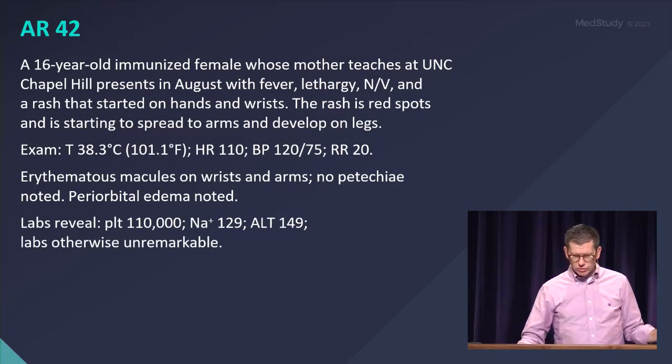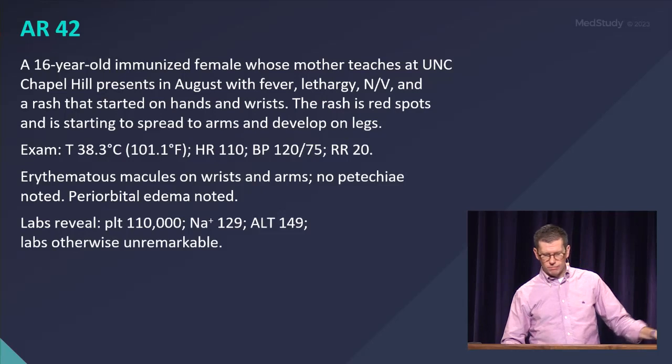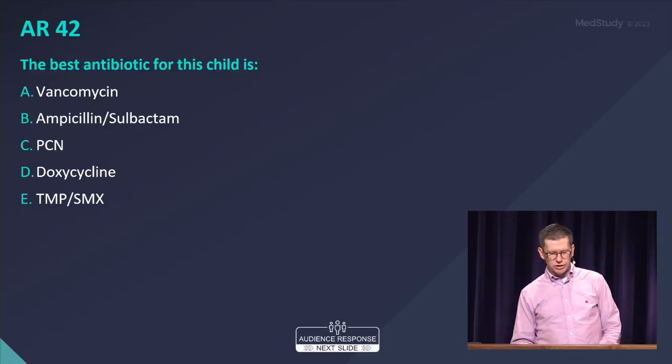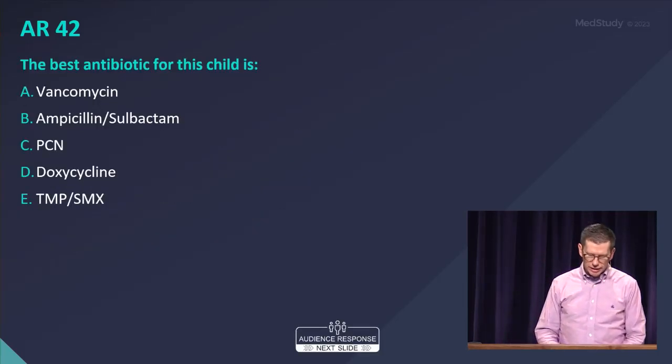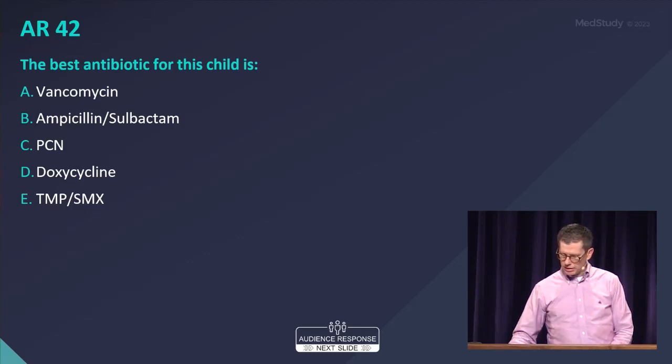There are erythematous macules on the wrist and arms, but no petechiae. There's periorbital edema. On labs, platelets 110,000, a sodium of 129, and ALT of 149. Labs are otherwise unremarkable. The best antibiotic for this child is A, vancomycin, B, ampicillin-sulbactam, C, penicillin, D, doxycycline, or E, TMP-SMX.